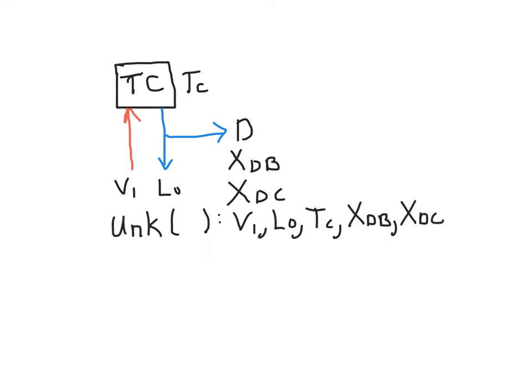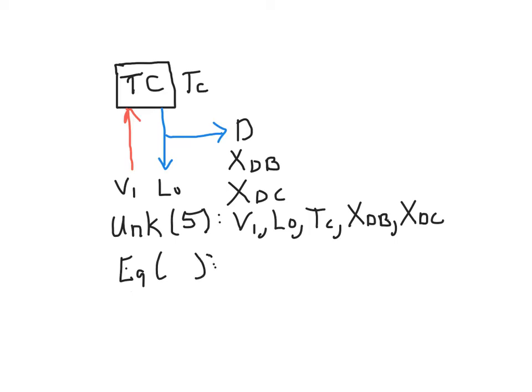So we have 1, 2, 3, 4, 5 unknowns. Now we look at our equations that we have available. Hopefully there's 5 of them.